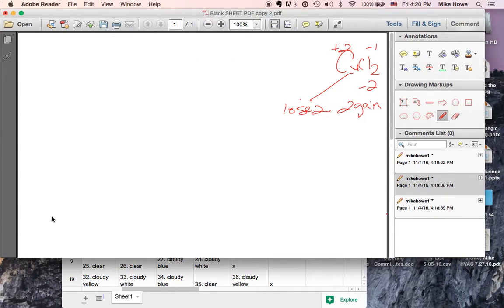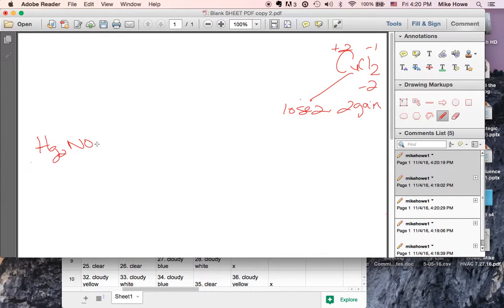So remember that, mercury 1 nitrate. Here we go. Mercury 1 nitrate looks like this: Hg2(NO3)2. Notice the parentheses because there are 2 of these polyatomic ion nitrates, plus sodium phosphate.